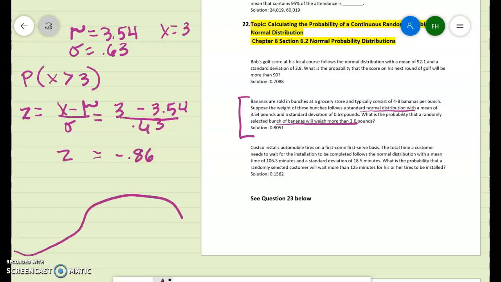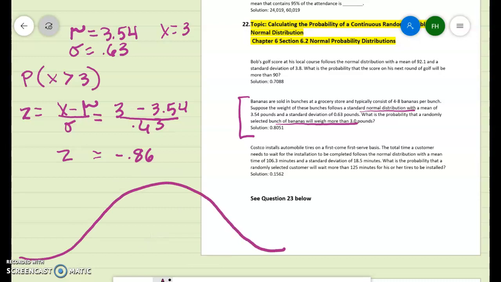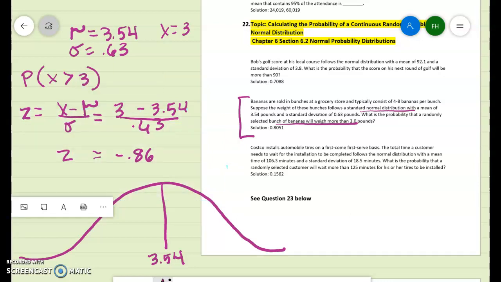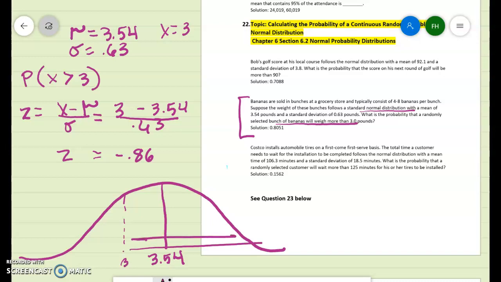Now remember, that was not a good curve. Remember, our mean is in the middle. When it's normally distributed, our mean and our median would be the same. So there's our mean. And then negative 0.86 is going to be, let's start with the 3. Now, we want to find the greater than side.